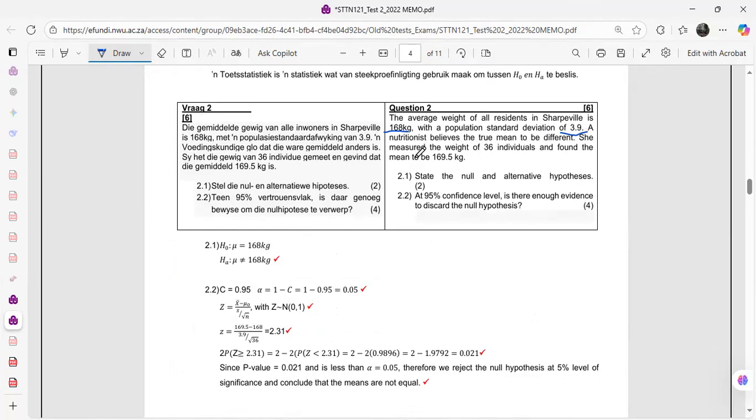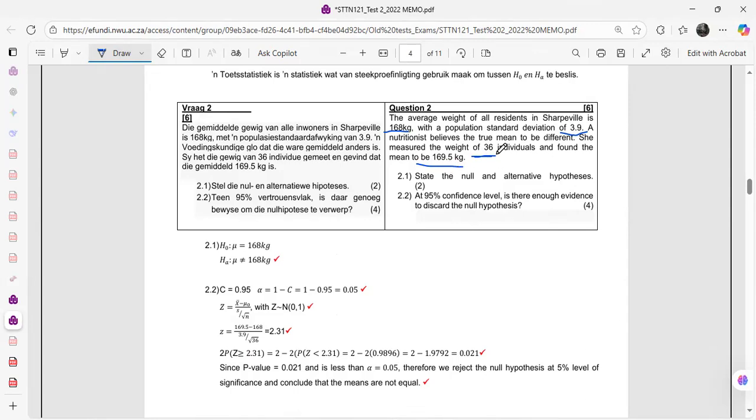A nutritionist believes the true mean to be different. She measured the weight of 36, which is greater than 30, and found the mean to be 169.5. State the null and alternative hypothesis.